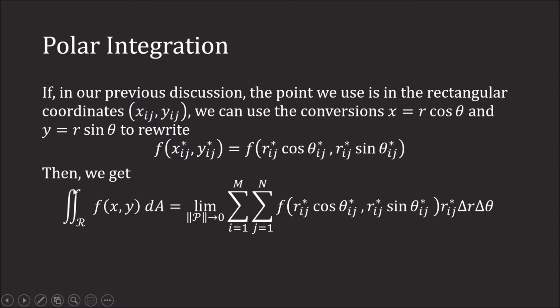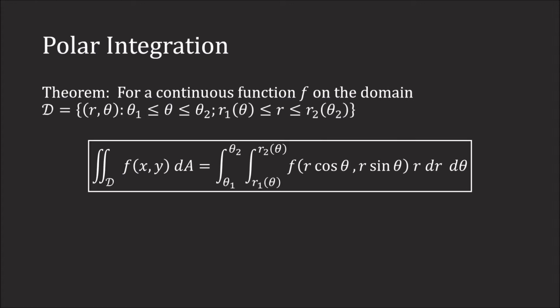This then gives us the double integral of f of (x, y) dA is equal to this limit in polar coordinates now. And so this is how we would integrate in polar, or how we would convert a rectangular integral into a polar integral.